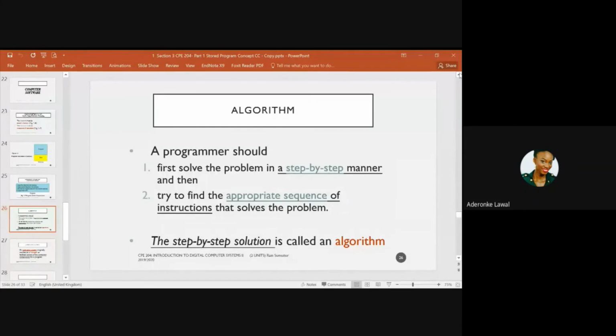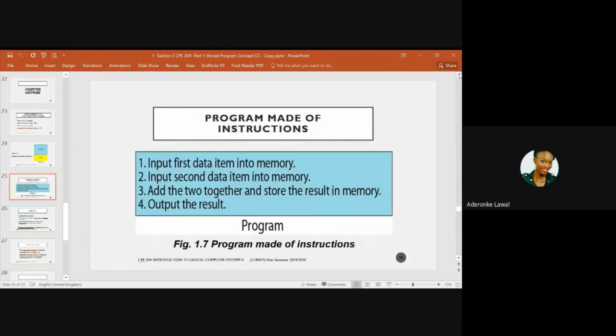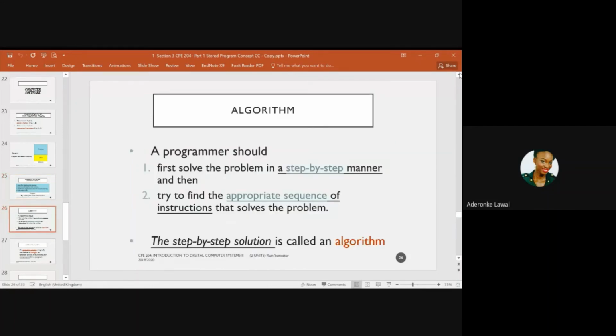If you're a programmer, or even if you're not a programmer but a computer scientist, you should know what an algorithm is. An algorithm is a step-by-step solution. So these steps 1, 2, 3, 4 can be described as an algorithm. A programmer should, number one, solve the problem in a step-by-step manner, and then find the appropriate sequence of instructions that solves the problem.